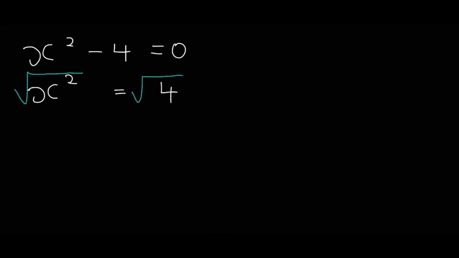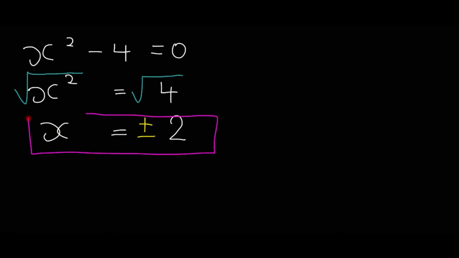So this root cancels the squared. So from there x is equal to the square root of 4, which is 2. But any number that comes from a square root is plus or minus. So we have two solutions: x is equal to positive 2, and the other one is x equal to minus 2. So this is our answer.